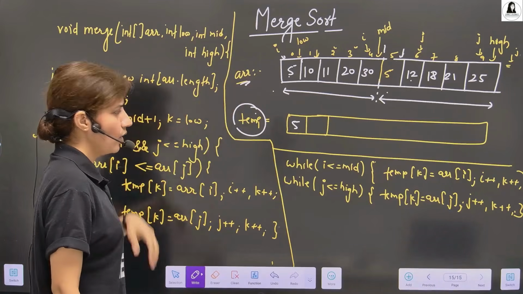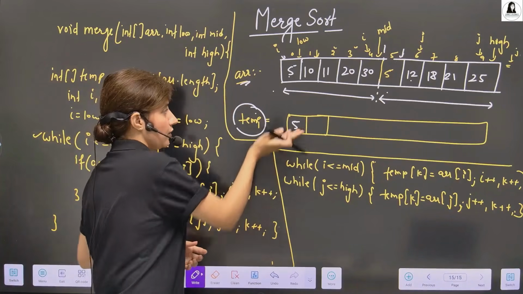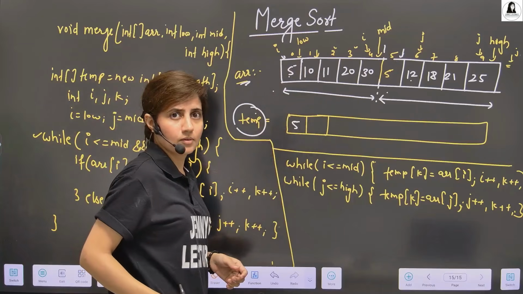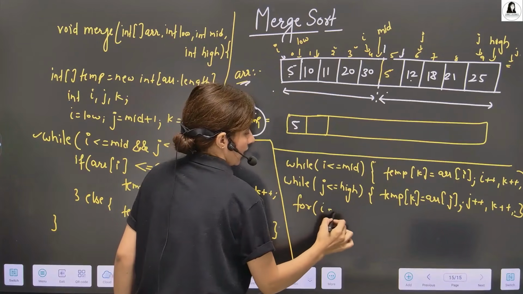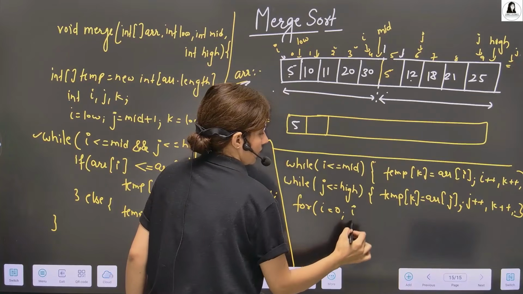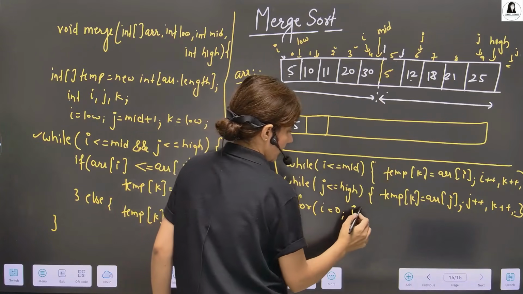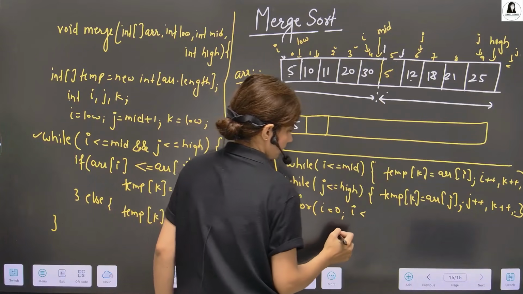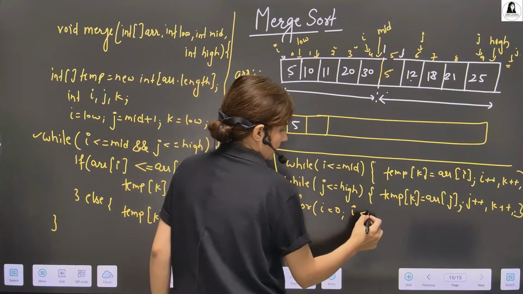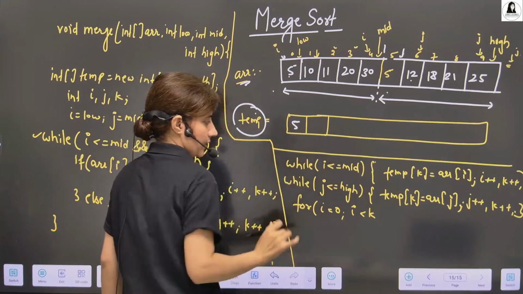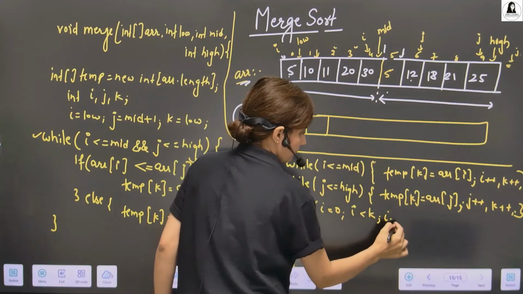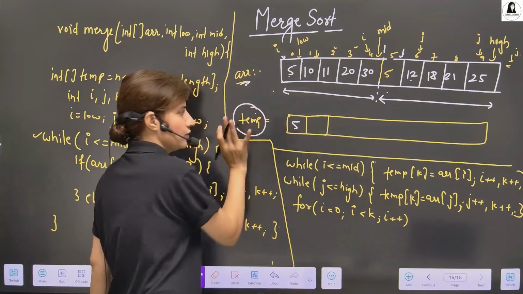This step is done. Now the next last step is we have to copy this to this. So that is also not tough. We just write down a while loop or a for loop. i is equal to 0, i less than k, right here, whatever the k, and i plus plus, or whatever the length of this array.